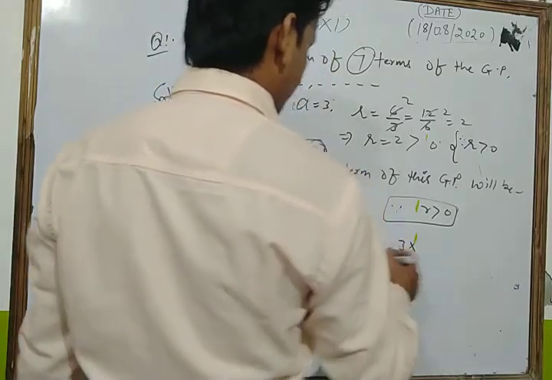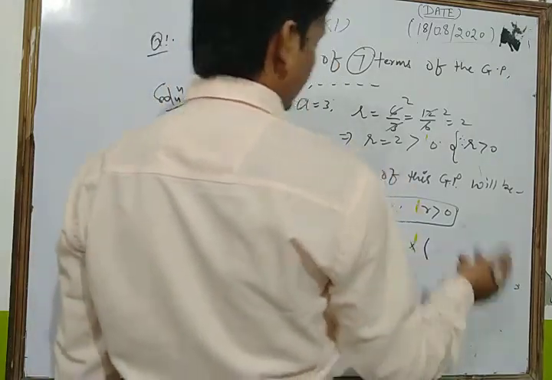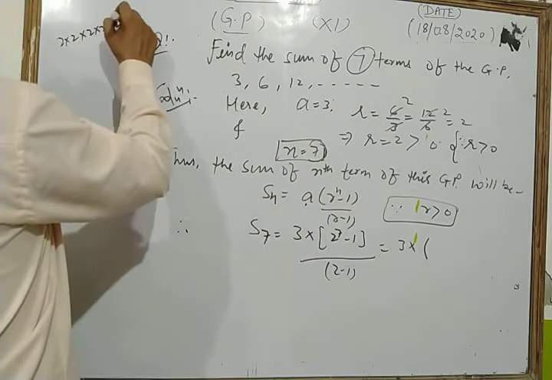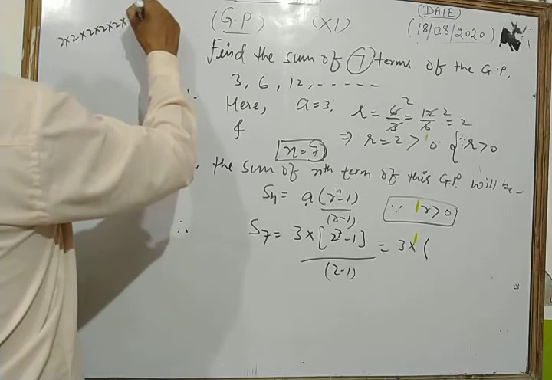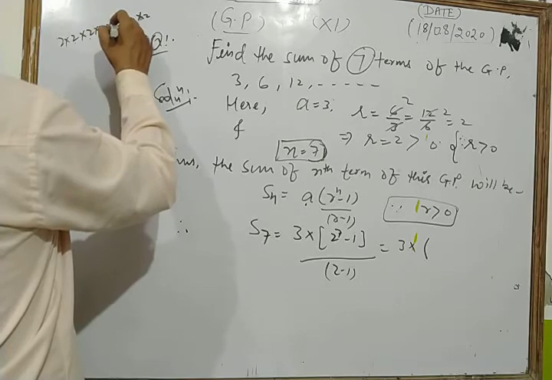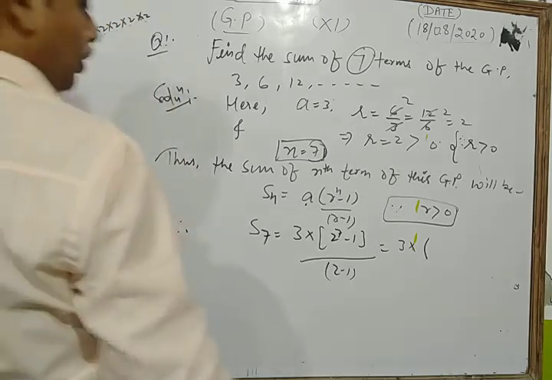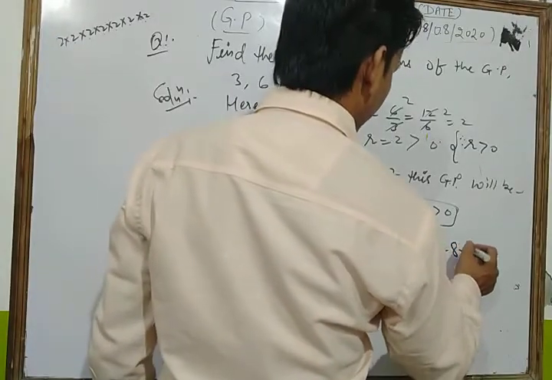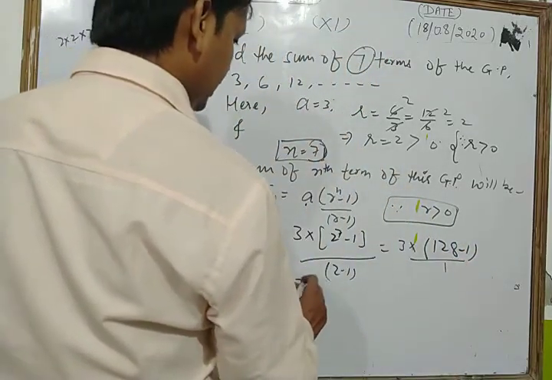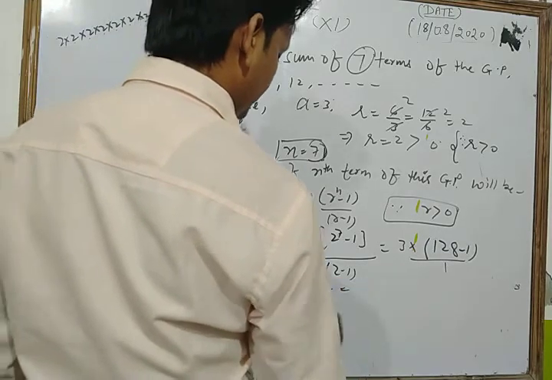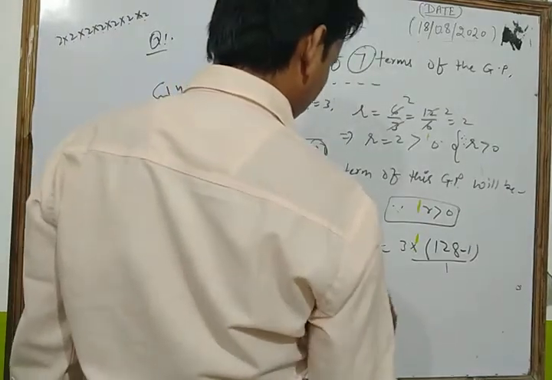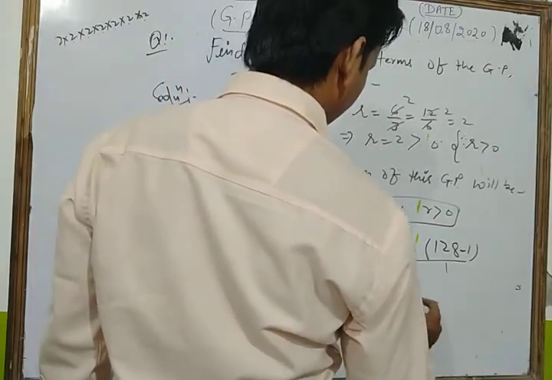So we have 3 into 2^7, which is 128, minus 1. In the denominator we get 1, so the sum of 7 terms is 3 into 127, which is 381. This is our answer.